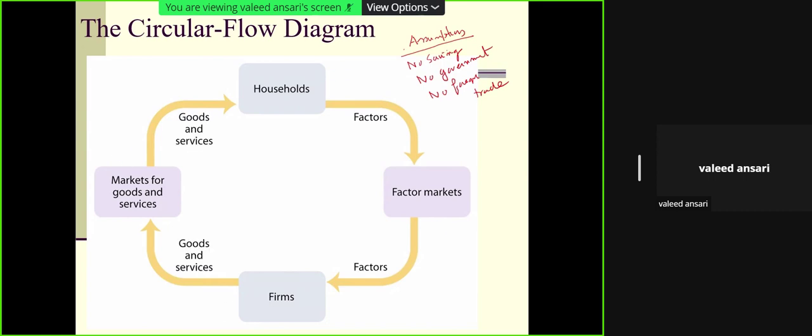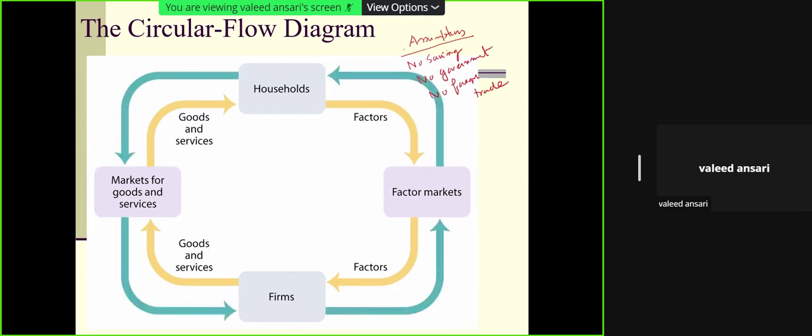Now, when the household provides services in the factors market, the businesses utilize these services, and utilizing these services means that the businesses use the services to transform into output.